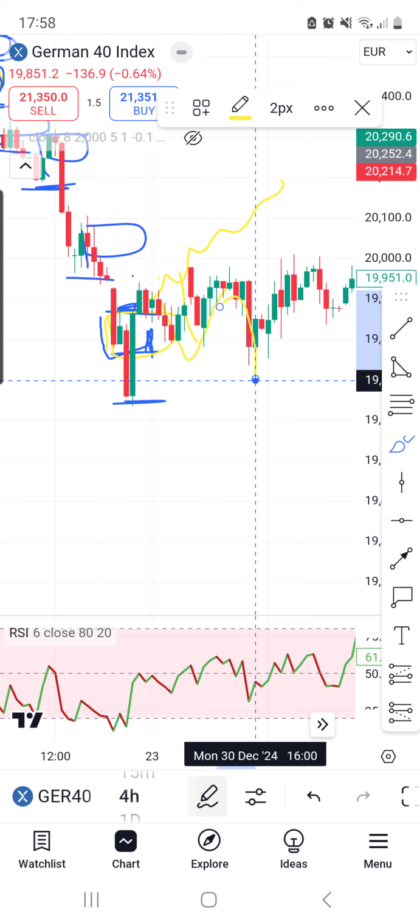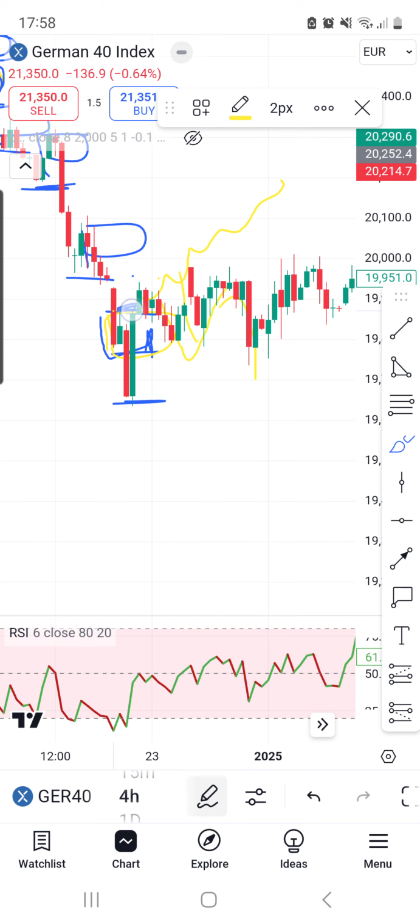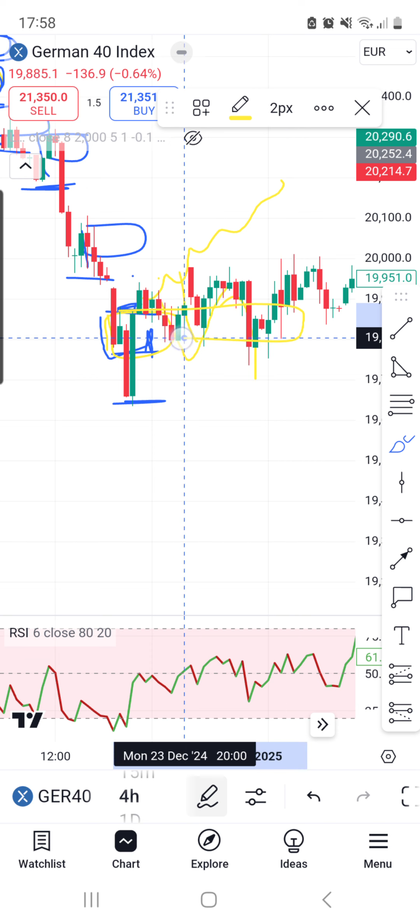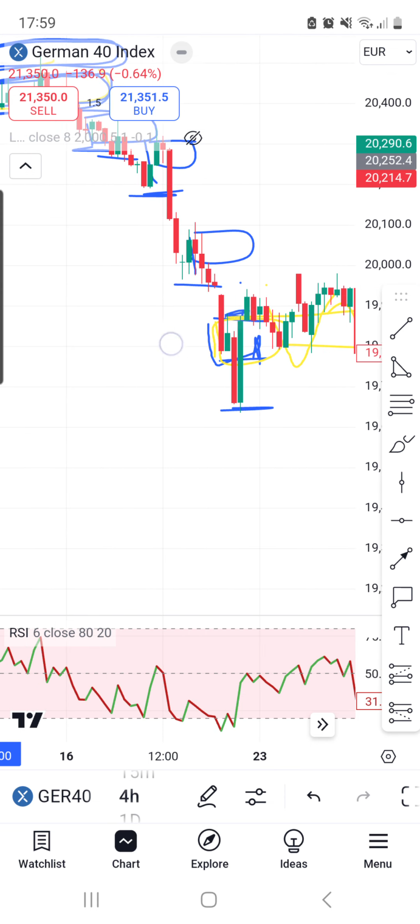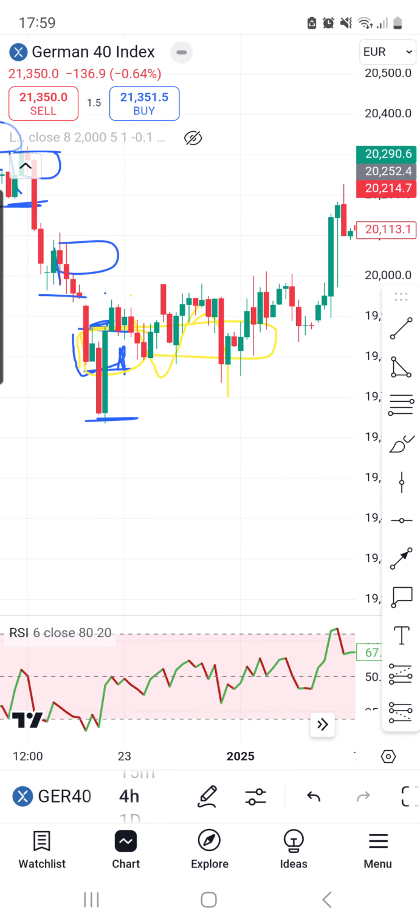So all this is our breaker. Let me delete some of the things. Okay, so this is our breaker right here. We clearly see that price has come back and it has retested our breaker.